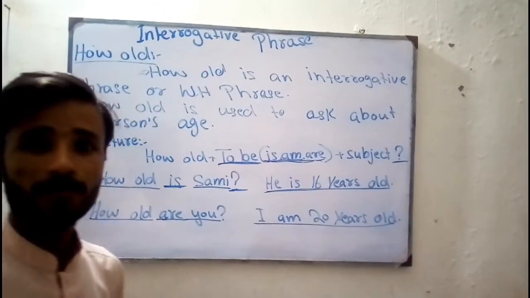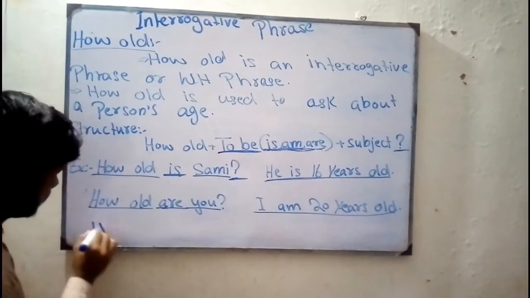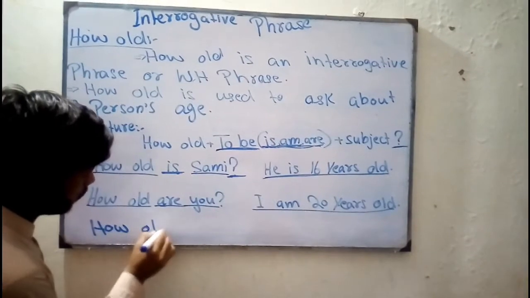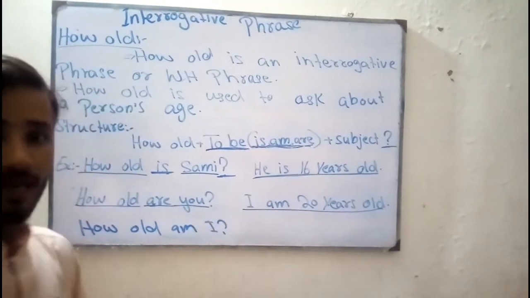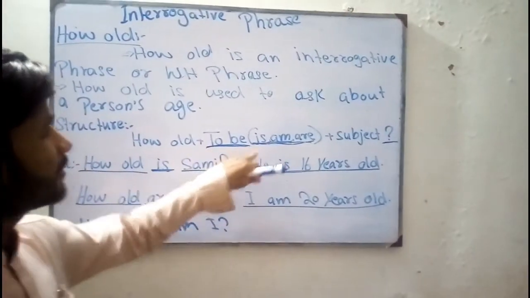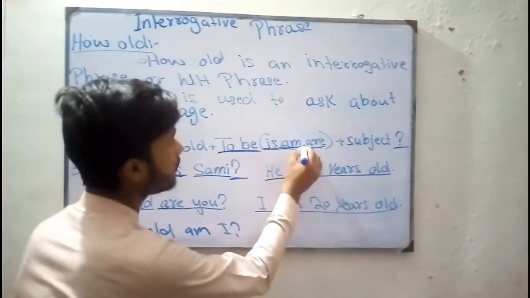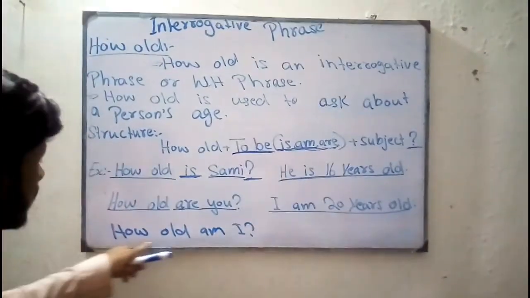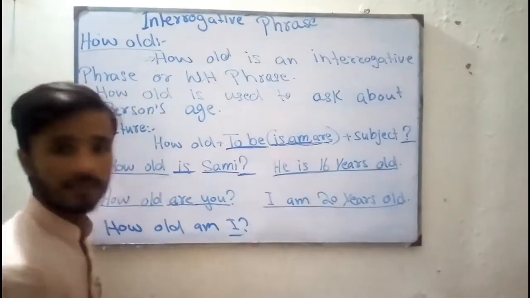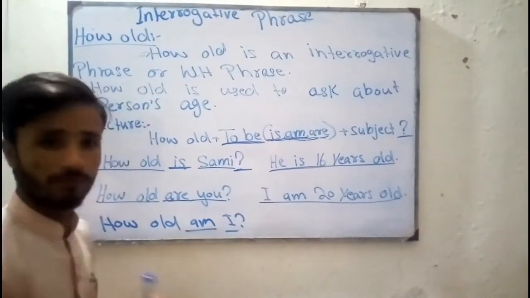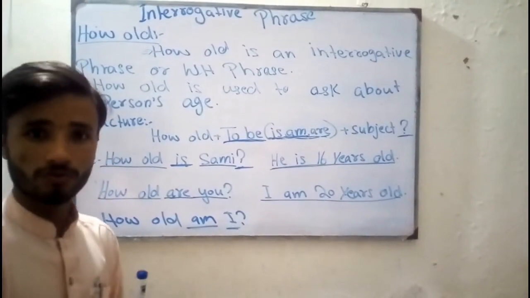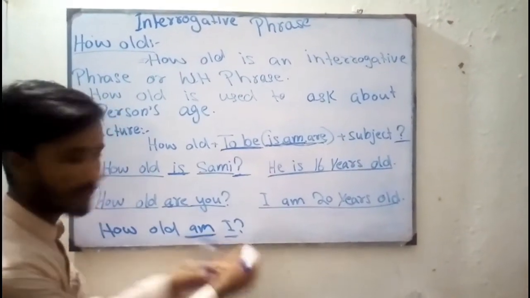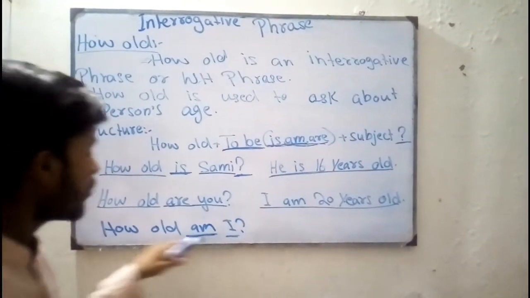Make one example with M. See, how old am I. Guys, as I said, to be means SMR, so M we use only with I, right? So here I used the subject I, that's why I used M. Here we cannot use S or R. According to the rules we have to use only M with I. So how old am I?